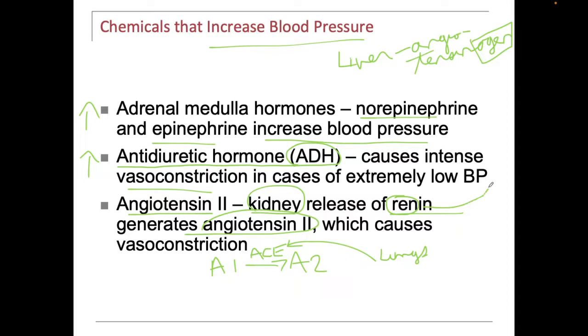So renin, which is produced by the kidneys, knocks off the ogen and creates angiotensin 1. And then angiotensin 1 gets converted to angiotensin 2 by angiotensin converting enzyme that's produced by the lungs. What a story. Isn't that amazing? All these things involved in blood pressure, the liver, the kidneys, the lungs. Okay? So angiotensin 2 is involved in making blood pressure go up.